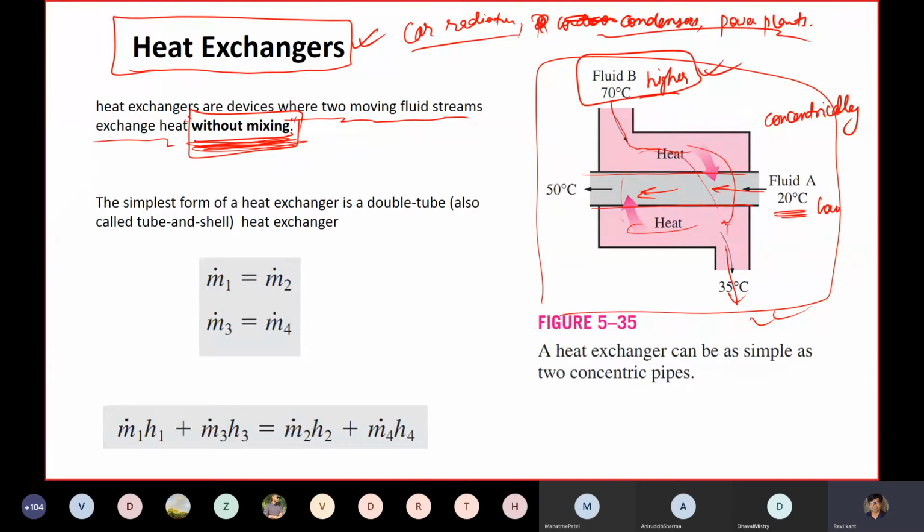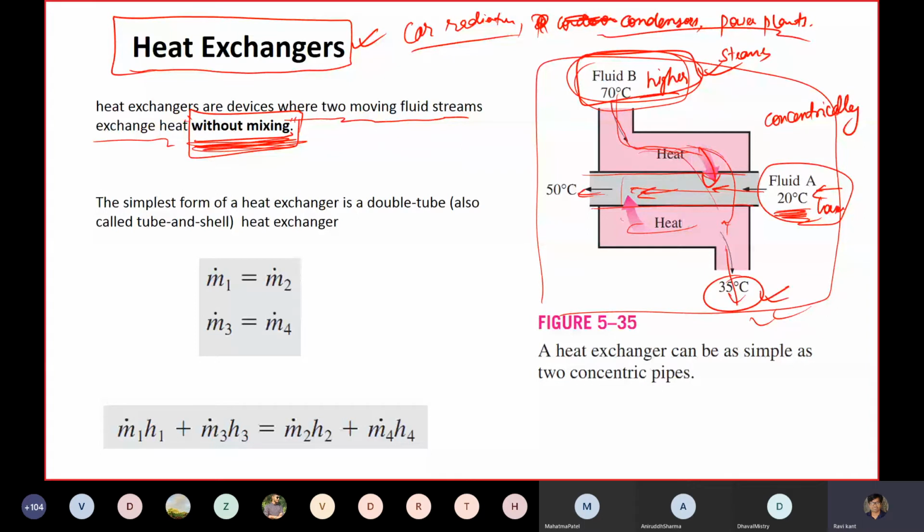In general it happens like this: this is your cold water at low temperature, and the steam is flown through this particular region, and when the fluid passes, the low temperature water takes the heat from the higher temperature fluid, and its temperature slightly increases, and this fluid, which is our concern, has lower temperature after exit.